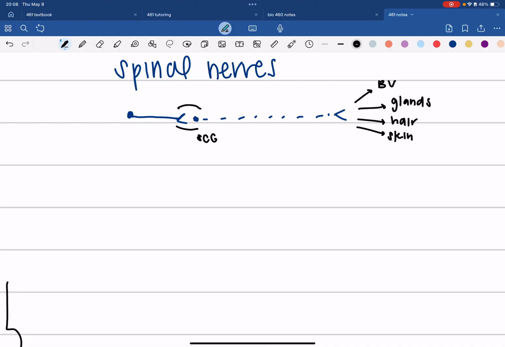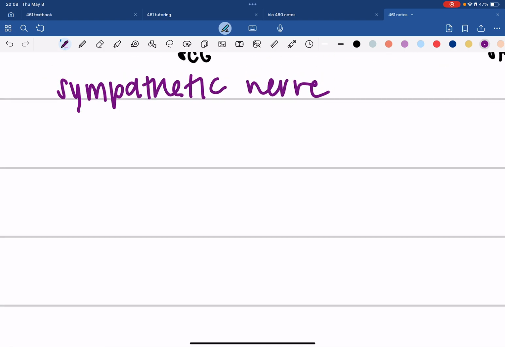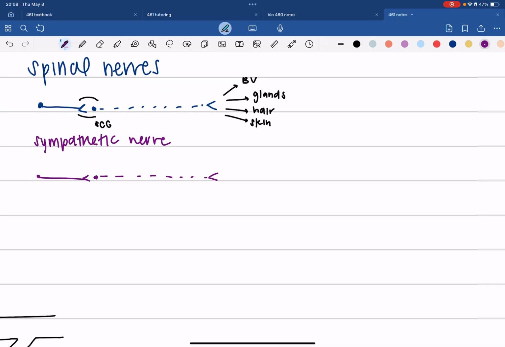Another type of neuron that we have is a sympathetic. And that's going to be the exact same. A short preganglionic, long post.